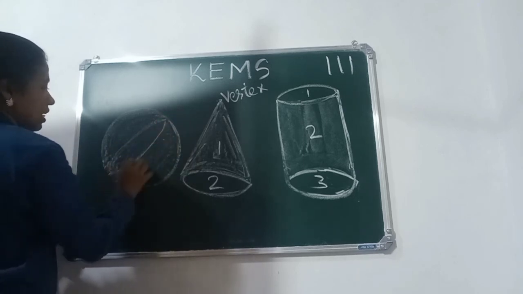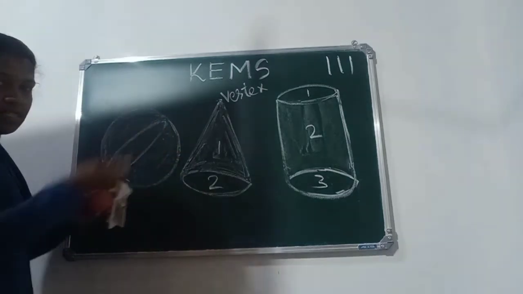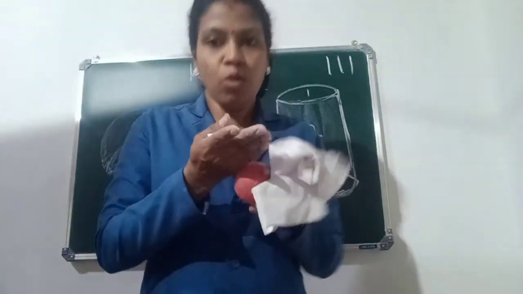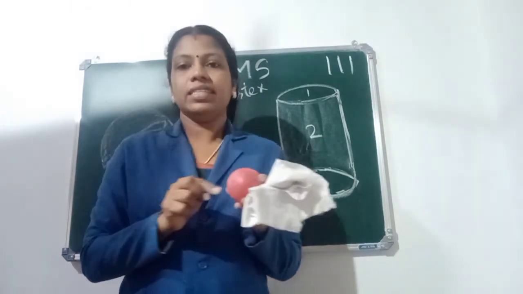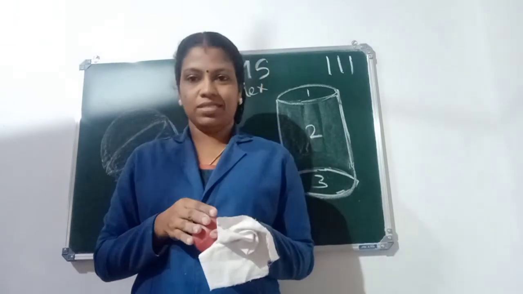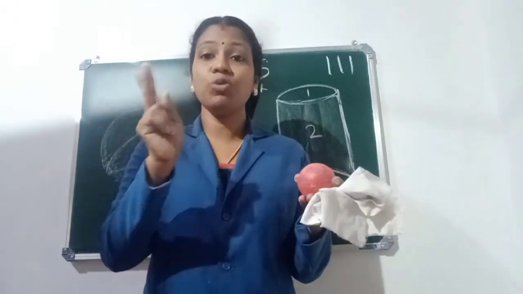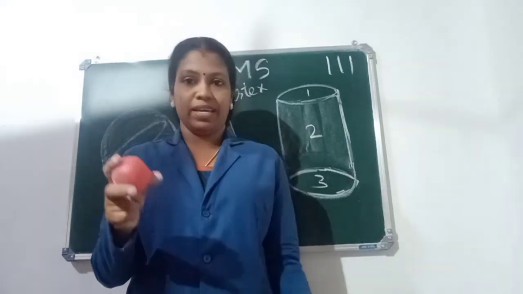Two circles. Here we got a circle shape. If we cut this ball, we get two pieces, circle shape. Okay, just cut an orange or a lemon. You will get two pieces in circle shapes. Okay, that's a sphere. Clear?